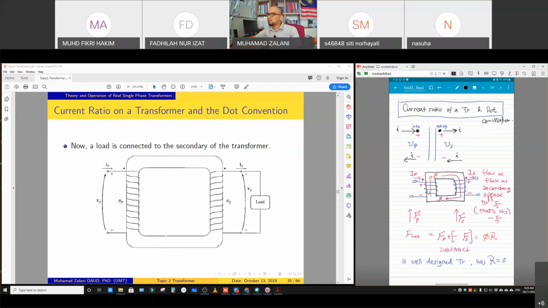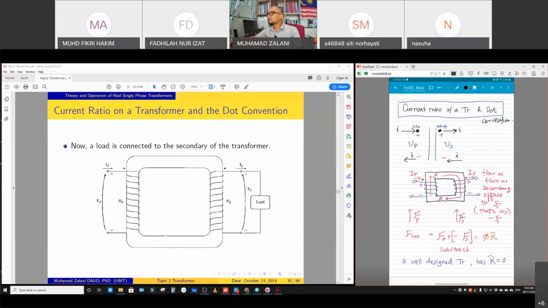Okay, in this case, we can say that for the primary side, the F, which is the MMF that is produced at the primary side, we name it as Fp. And then at the secondary side, we name it as Fs. So this is the MMF.